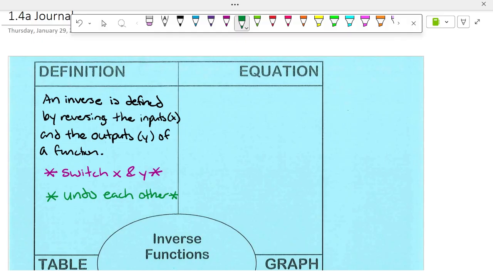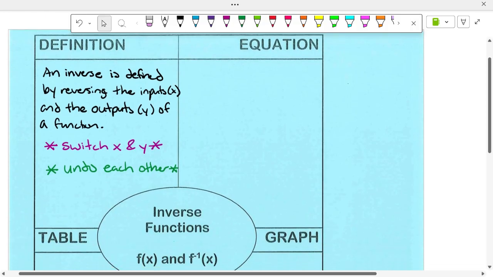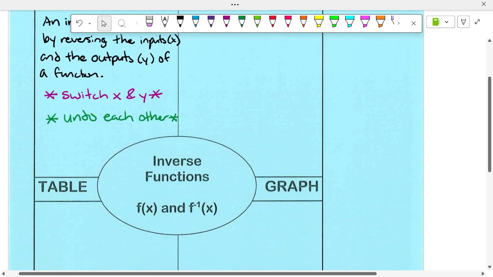That's what I mean by undo each other. I'm just going to slide up a little bit, but if I go too far, just let me know.